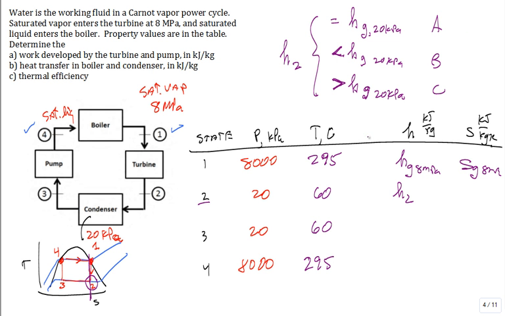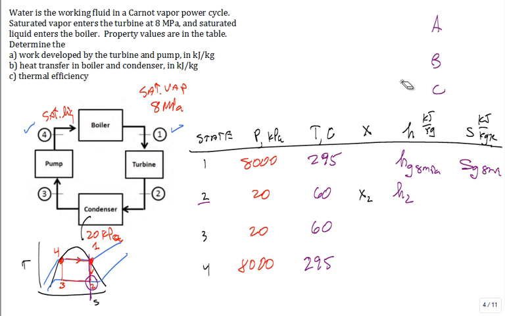Do I first need to calculate maybe quality at 2? Yes. Let's do it verbally. Forget the clickers. How do I find X2? S1 is equal to S2.